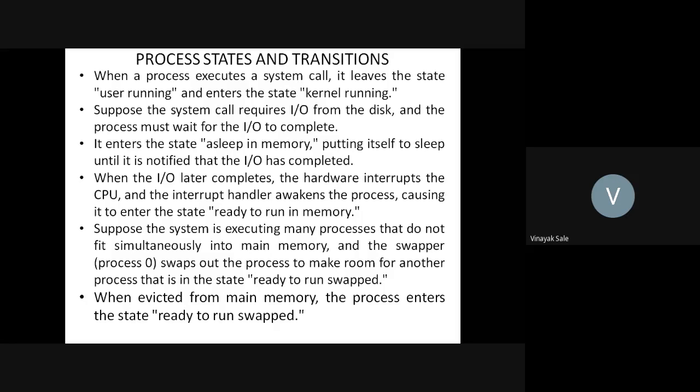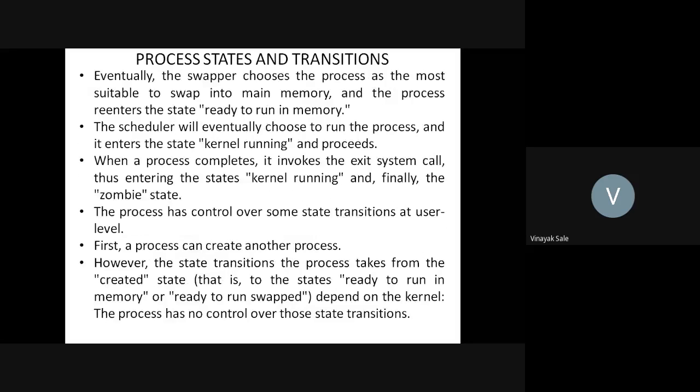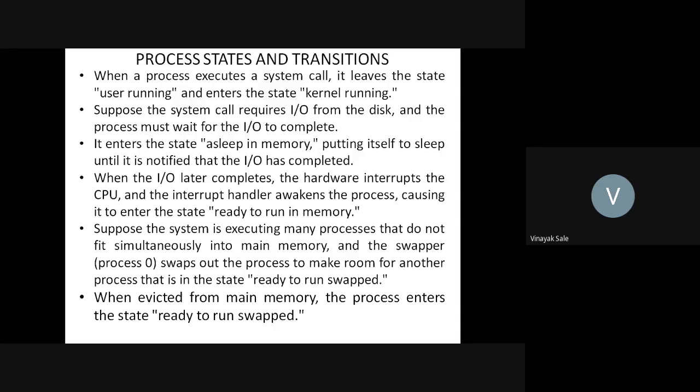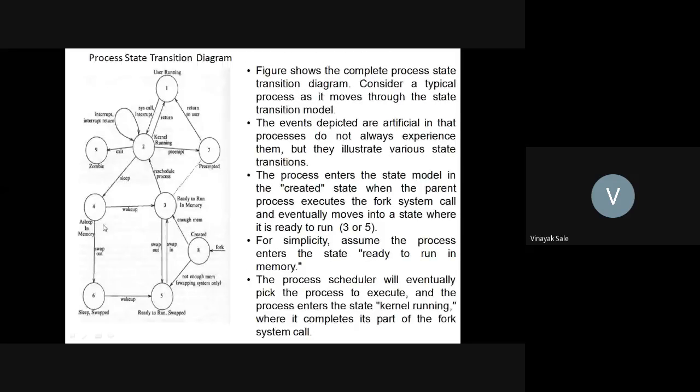When evicted from the main memory, the process enters a state ready to run swapped. See in this figure, when there is no space in memory, then the process is swapped by process 0 and goes to the sleep mode.